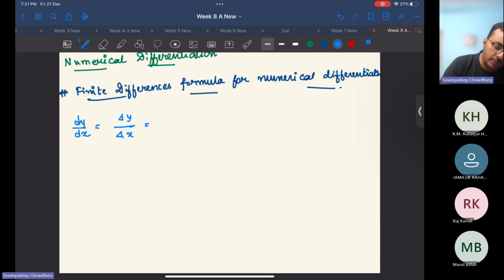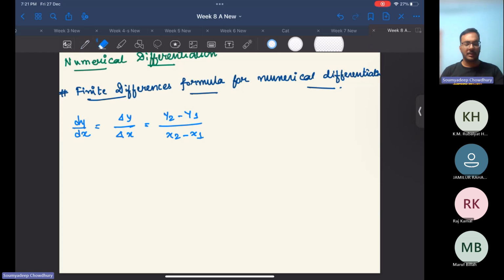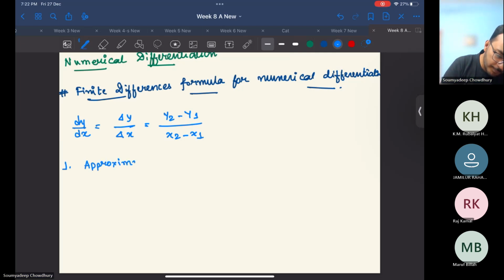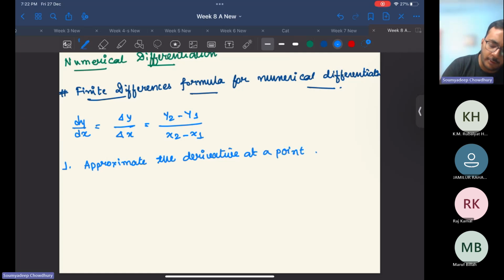So using the normal concept of forward difference, we can write this as y2 minus y1 upon x2 minus x1. So this is the generalized thinking behind finding the derivative of a function. So what we do here is we approximate the derivative at a point.